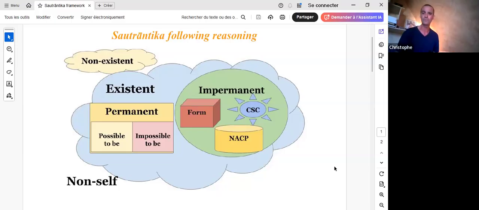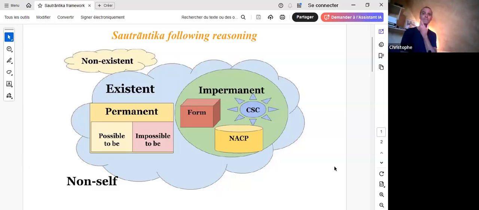So here, of course, in the Sautrantika following reasoning, for them, the inherent person exists. For the non-Prasangika, everything exists inherently, conventionally and even ultimately, except for the Svatantrika. So for the non-Prasangika tenets, if it exists conventionally, it has to exist inherently. Otherwise, it would mean that it doesn't exist at all.